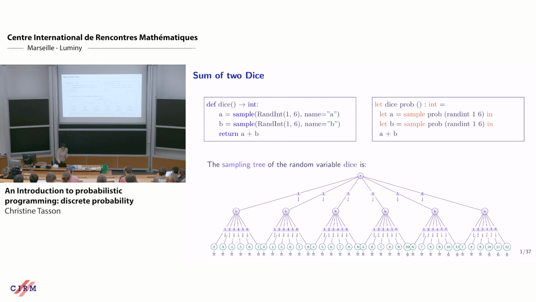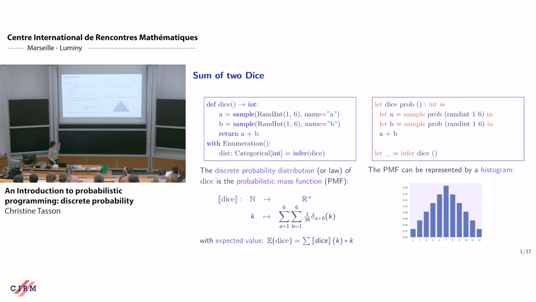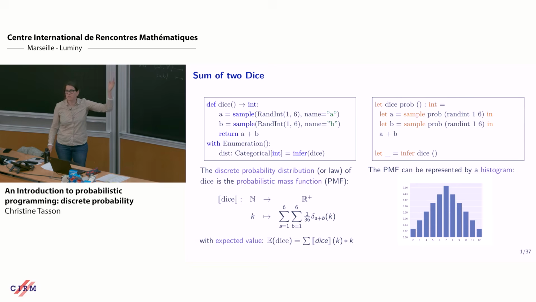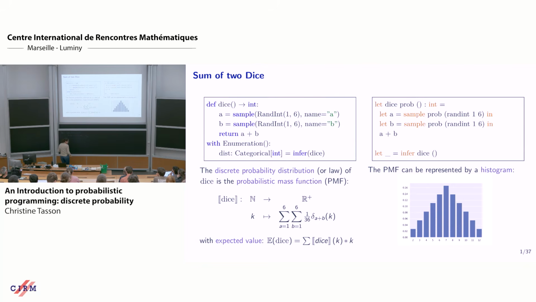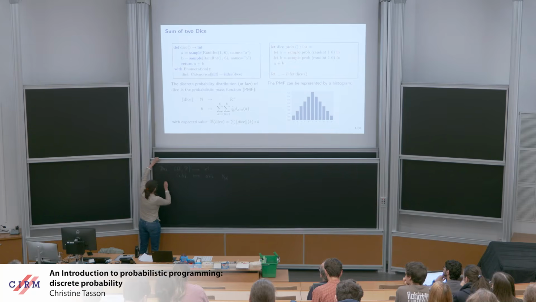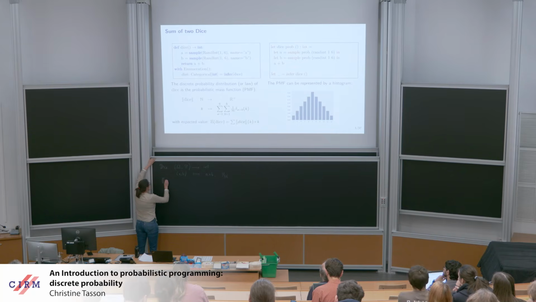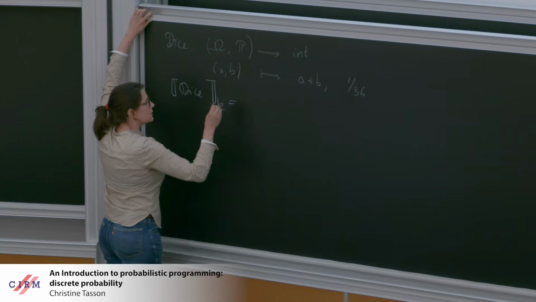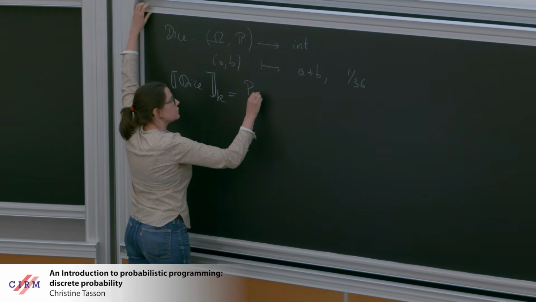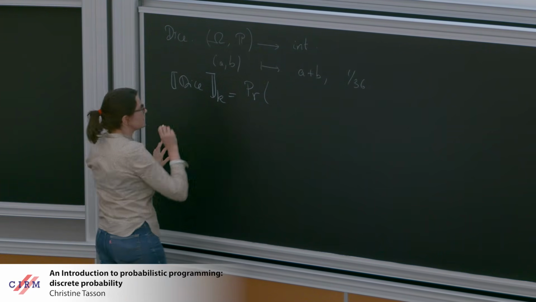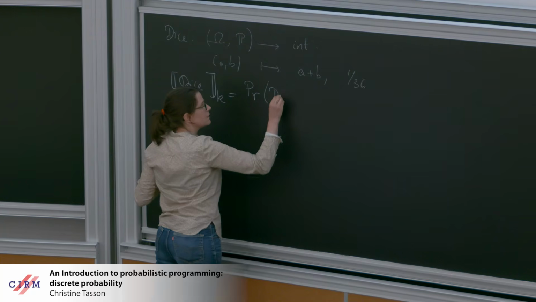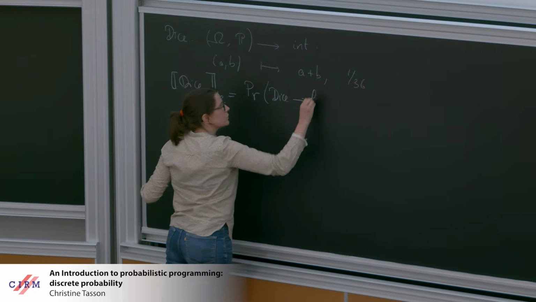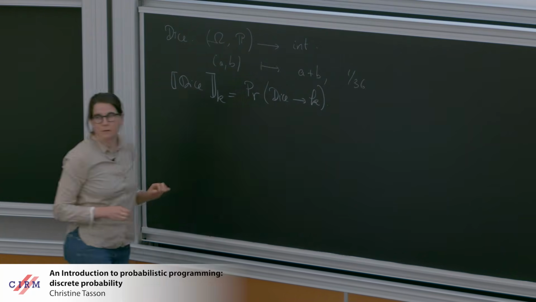How do I get this law? I just have to sum, to know the semantic of DICE. The semantic of DICE is the probability that I get an outcome. What I am interested in is the law associated to the random variable simulated by DICE, so the probability that DICE produces an integer k.